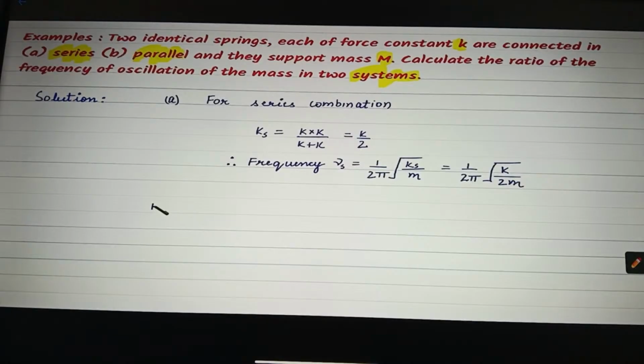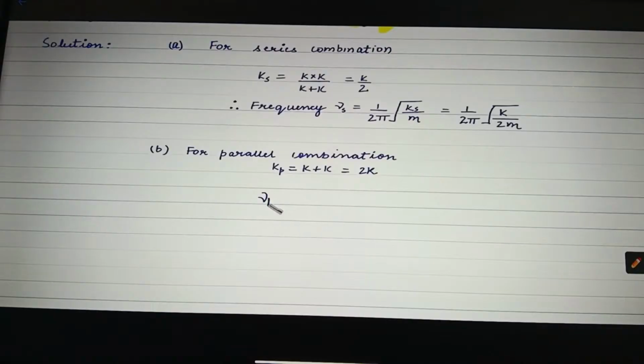Now let's take part B. For the parallel combination, the effective force constant Kp is equal to K plus K, which is 2K, and nu P will be equal to 1 by 2 pi square root of Kp by m.